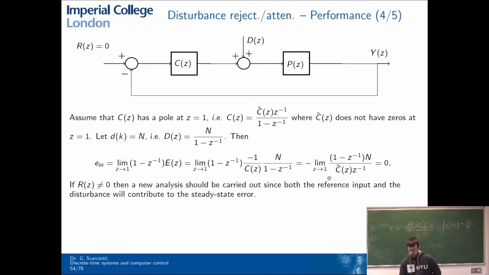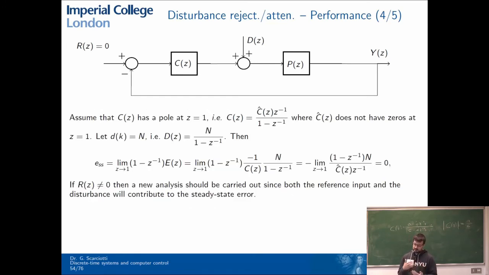Obviously, this analysis works because we have assumed that r of z is equal to 0. If r of z is different from 0, then a new analysis has to be done, because obviously both the reference input and disturbance will contribute to the steady state error.